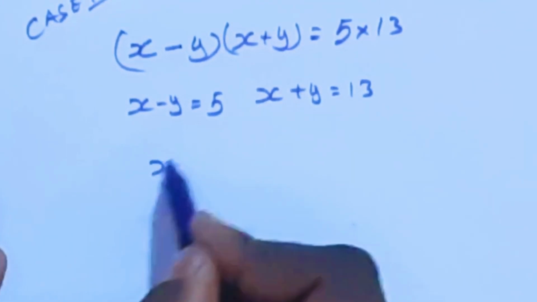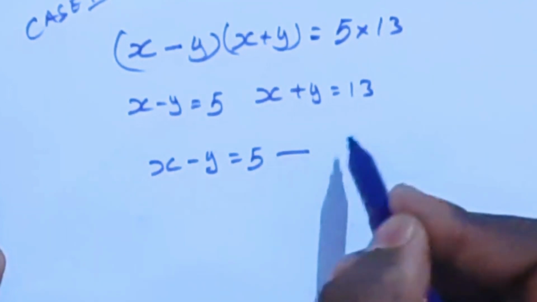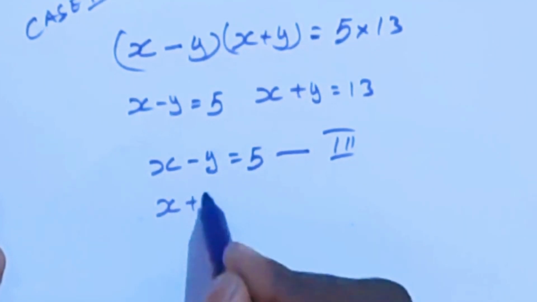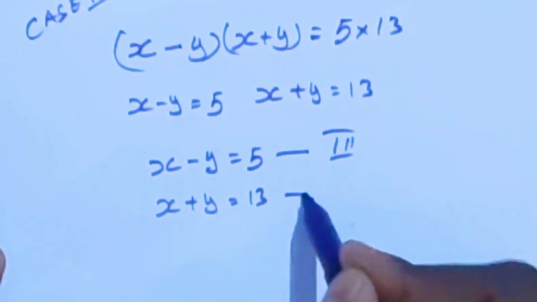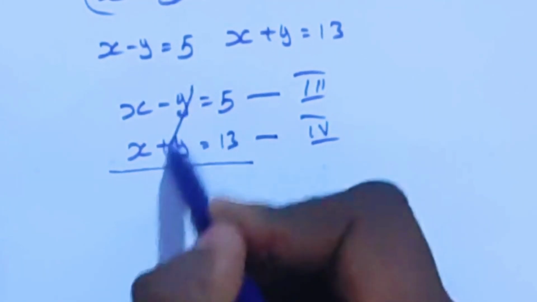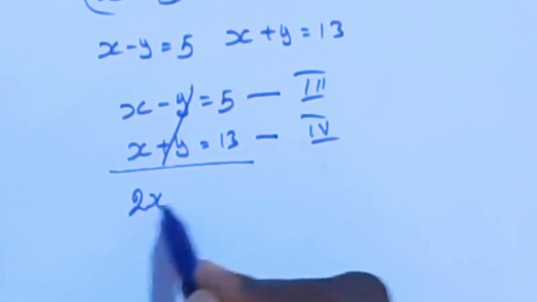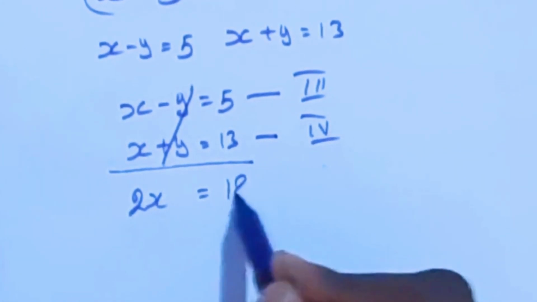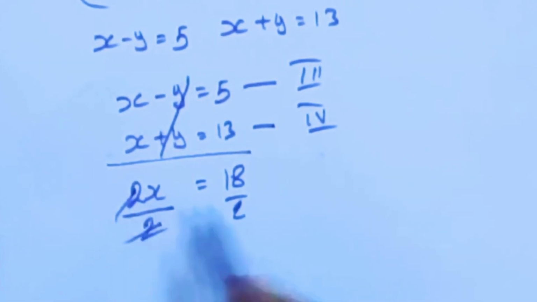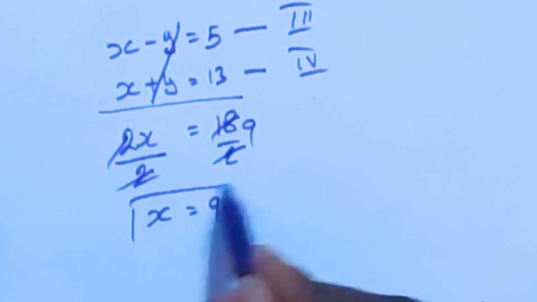Here x minus y equal to 5, this is equation 3. x plus y equal to 13, this is equation 4. Now we are going to add this, so we'll get 2x equal to 18. So divide by 2 on both sides, we'll get x equal to 9.